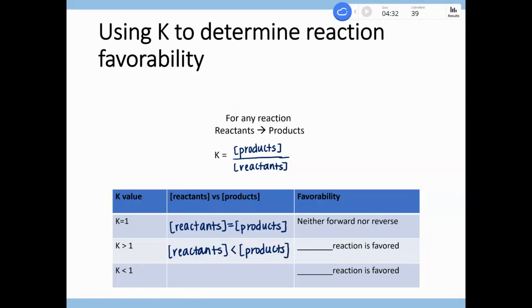That means the forward reaction, going from reactants to products, is favored. We can also say the reaction, abbreviated RXN, lies to the right. You'll see that expression a lot. If K is greater than 1, we have more products, and products are on the right side of the equilibrium equation, so we say the reaction lies to the right.